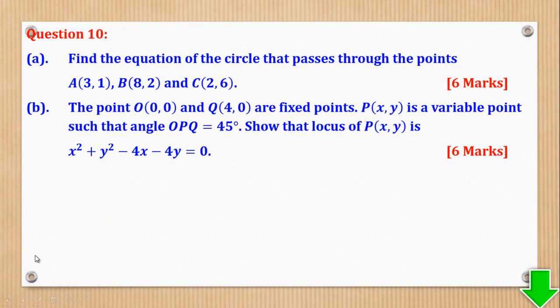Then part B says the point O, which is 0, 0, and Q, which is 4, 0, are fixed points. Okay. P, X, Y is a variable point such that the angle OPQ is 45 degrees. Show that the locus of P, which is XY, is this.